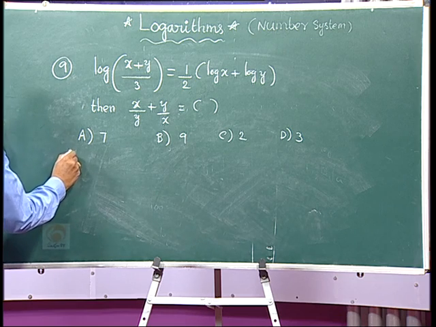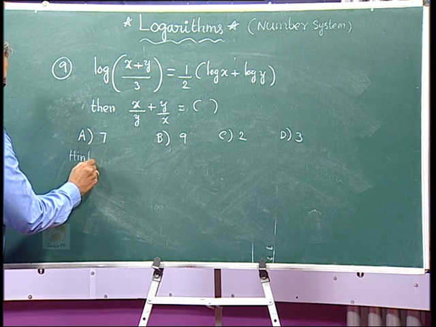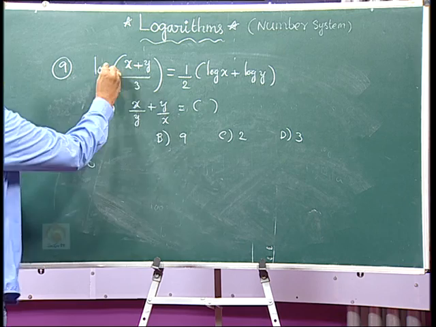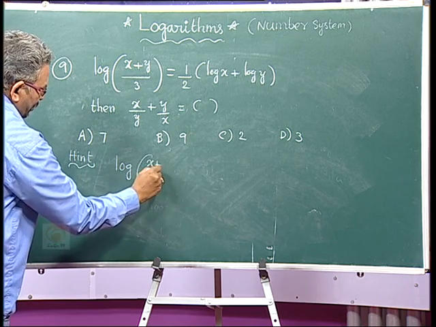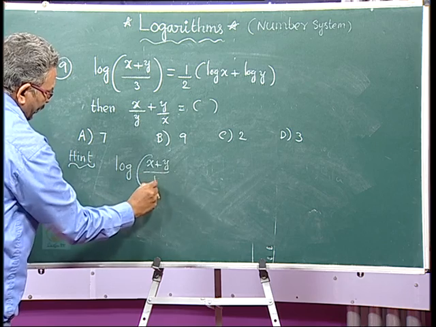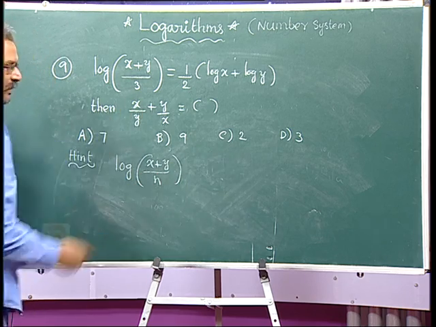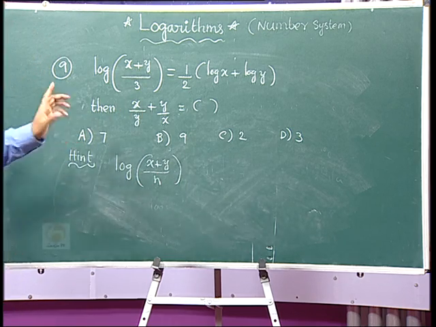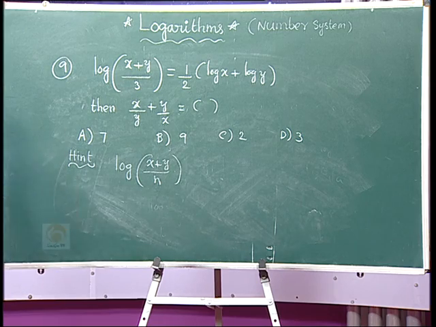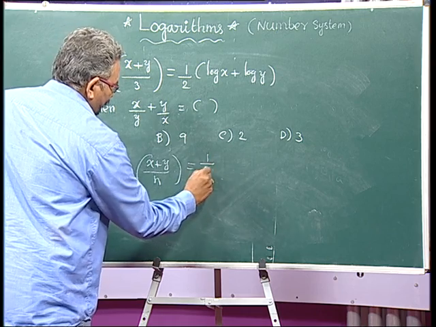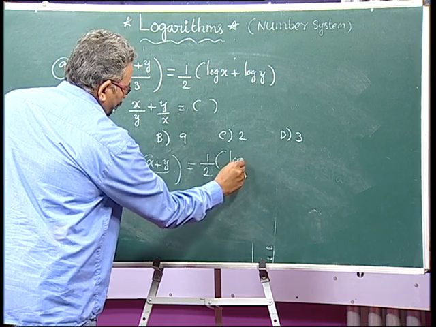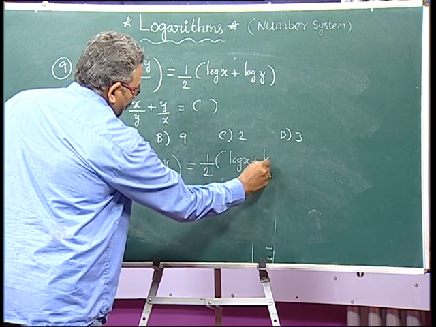So, note it down, better remember the shortcut formula. Log of x plus y by n, so n may be any number here, 3 or like 5 or 7 like that. This is equal to half times log x plus log y.